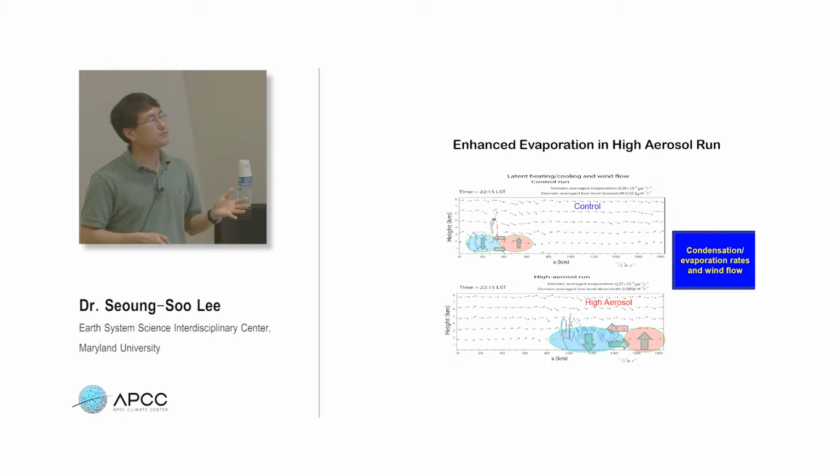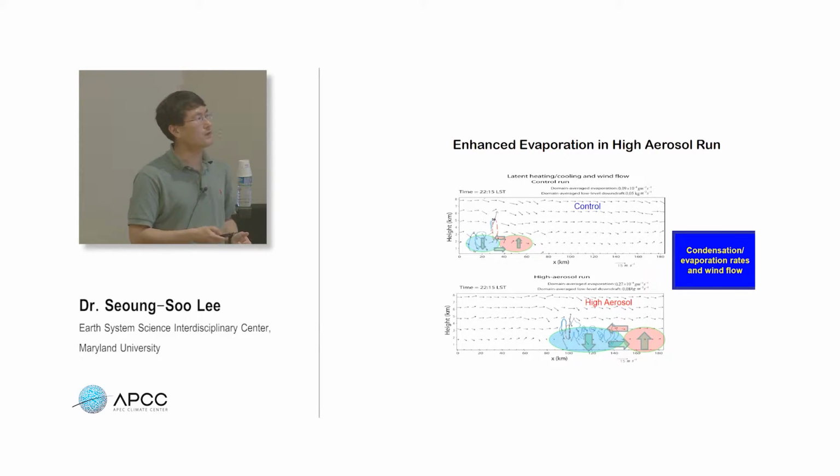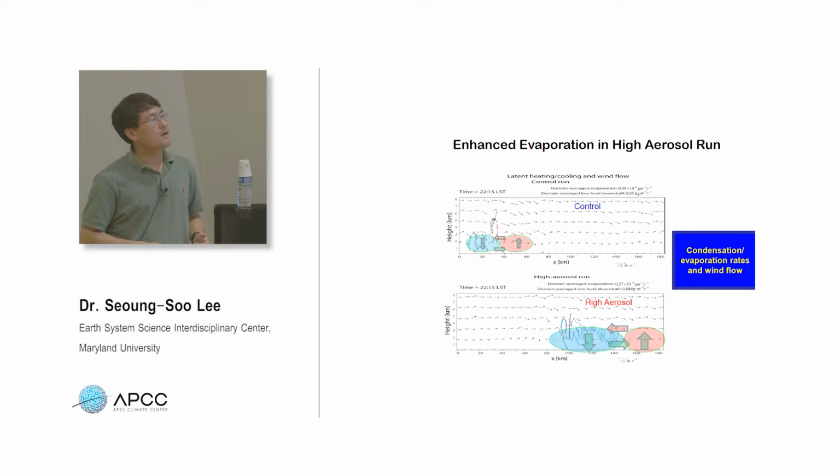Leading to this stronger cold pool, making stronger temperature contrast with the surrounding warm air, or generating the stronger gust front between cold pool and the surrounding warm air. In other words, there's a larger MAPE, mean available potential energy, developing in the high aerosol run between cold pool and the surrounding warm air.